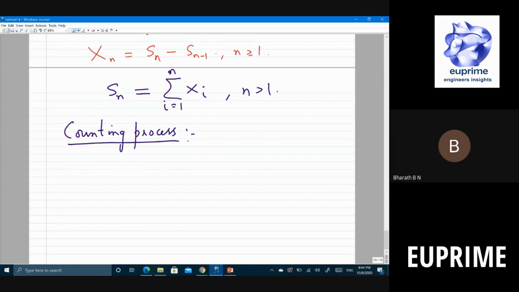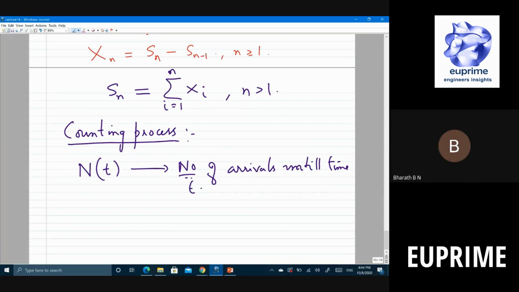Okay, so what is a counting process? Before that, let me just denote it by N of t. So what is N of t? The number of people arrived at the queue until time t, right? So, number of arrivals until time t.